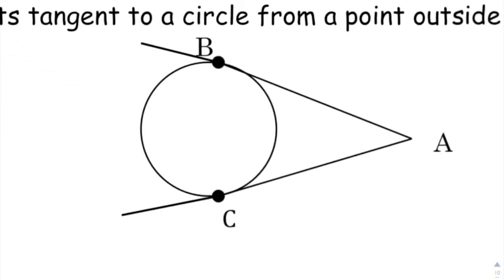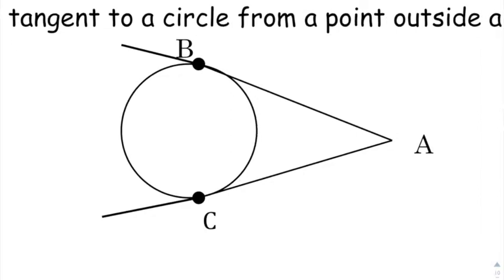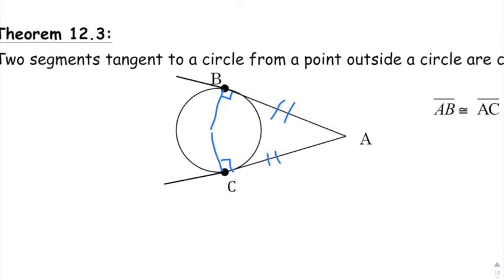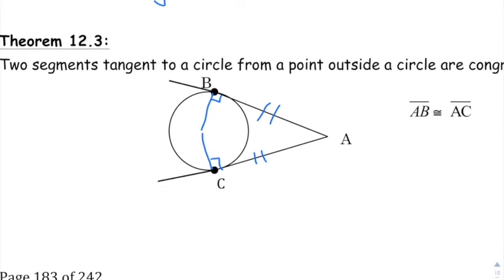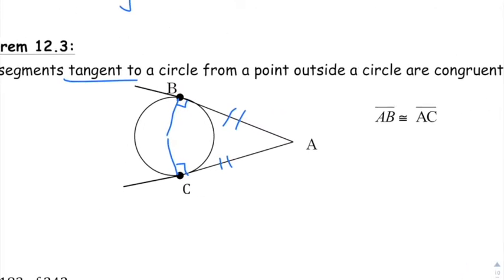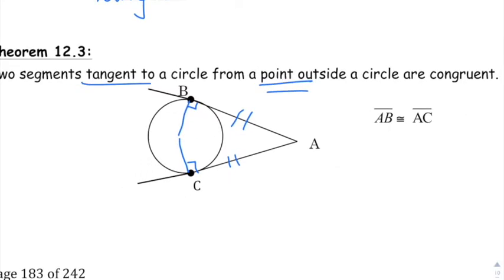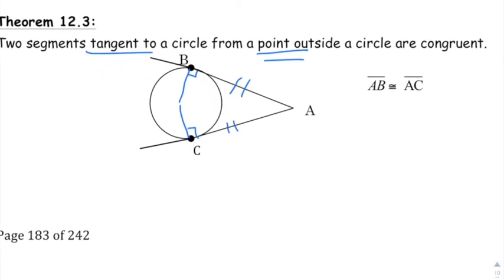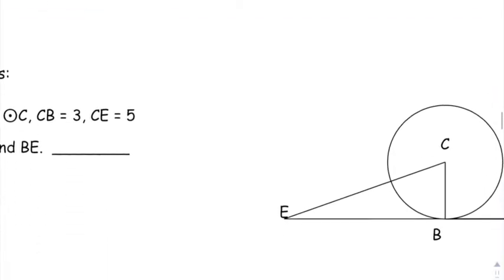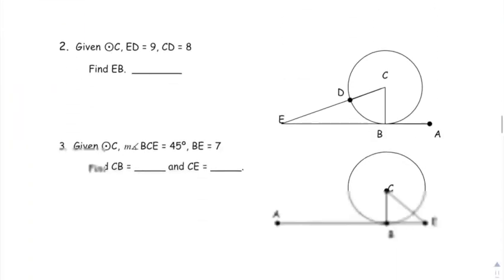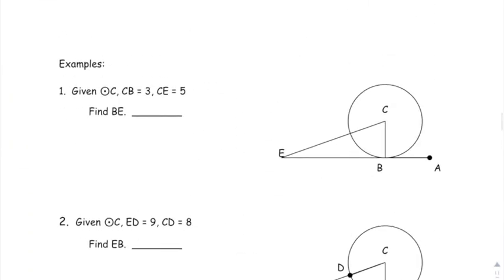So let's say AB and AC are both tangent lines, which means they're perpendicular to the radius as well. But that's not the main point. These segments AB and AC have to be the same. They both have to be tangent, and they also need to have a common point outside the circle. So that's it on that one, and we'll use that here in a second.